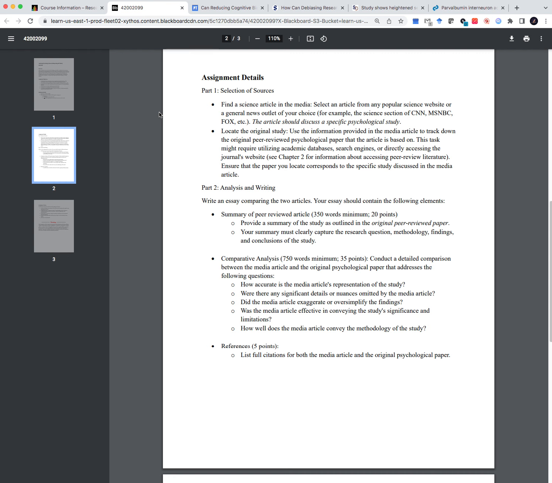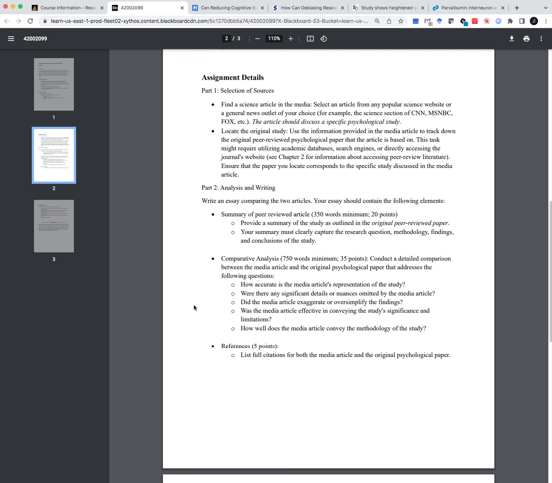Did they just skip over details of the methods, or did they miss talking about important aspects of the original study? Did the media article exaggerate or oversimplify the findings from the original study? So a lot of times there's exaggeration. There's an overstating of what the findings actually were.